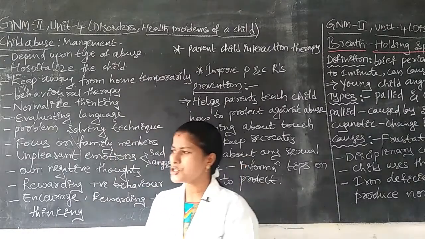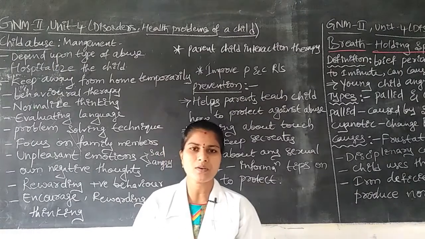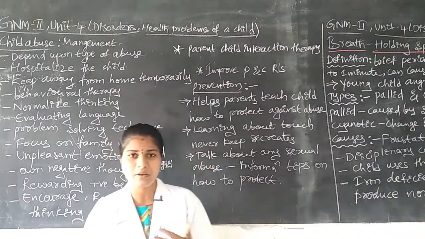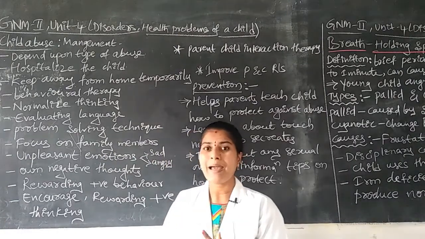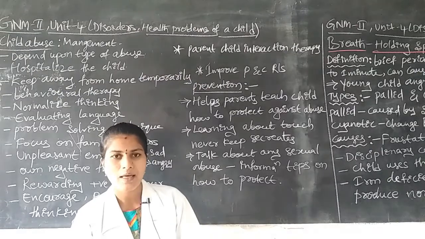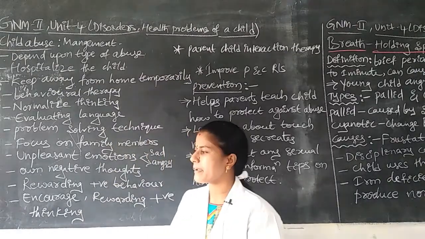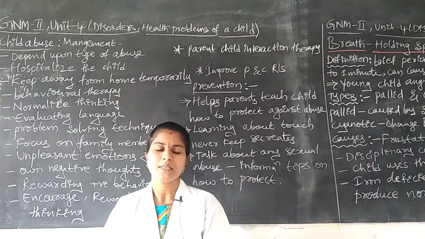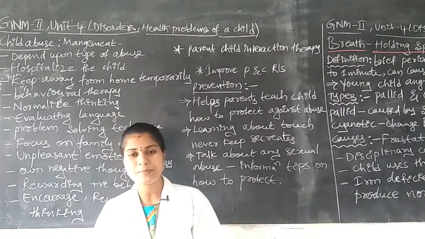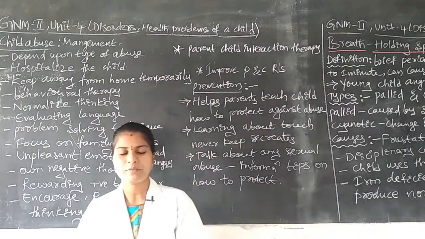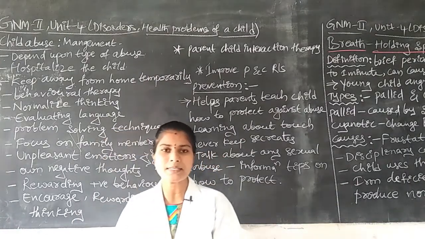In emotional abuse, the child undergoes some type of emotional disturbance or bad language. Sexual abuse means that in the childhood stage the child participates in sexual intercourse for profit, for fulfilling their basic needs.